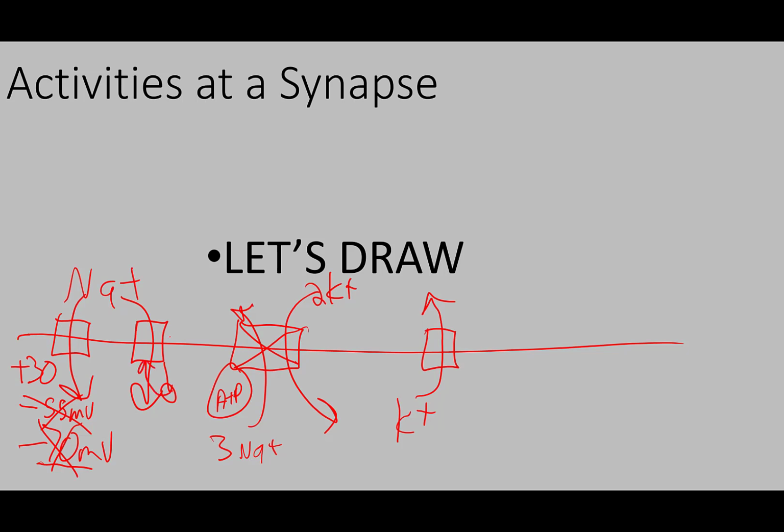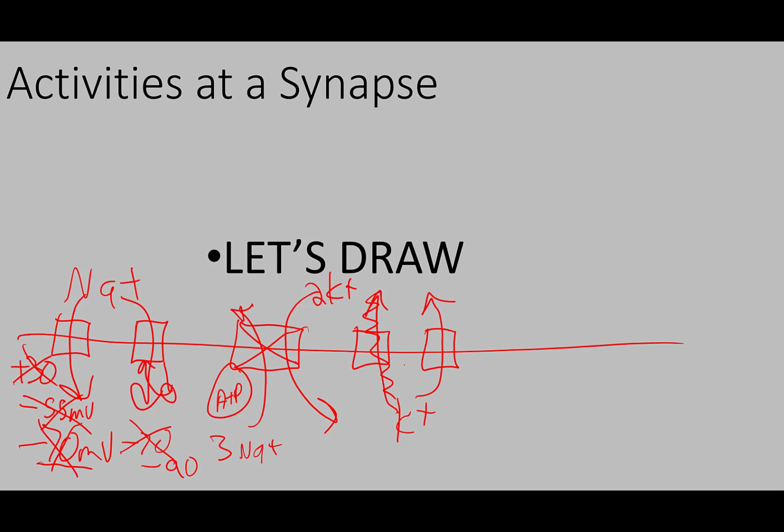The inactivation gate slams shut, sodium stops coming in, but the voltage-gated potassium channel opens. Potassium starts to rush out, bringing that positive 30 back down to negative 70. At negative 70, the voltage-gated potassium channel begins to close, but it's slow, so we overshoot. We get down to something around negative 90 before it finishes closing. So really what we had was a very brief reversal of charge in a very localized area.